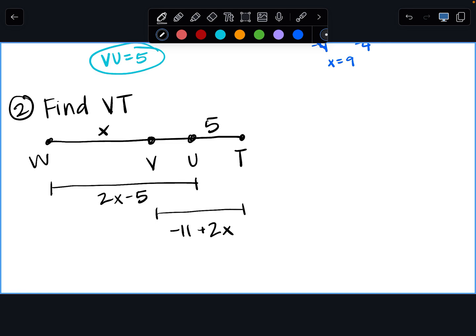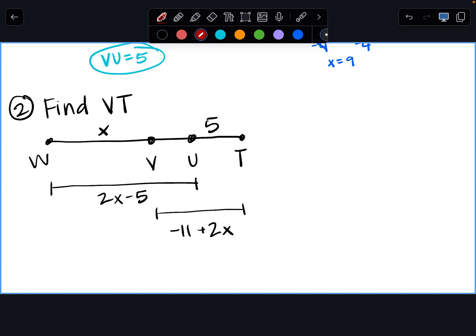Okay. So we need to get 2 parts to equal a whole. Can you tell me what I can add together to get the full length? Yeah, 2x minus 5 and 5 gives us the full length.